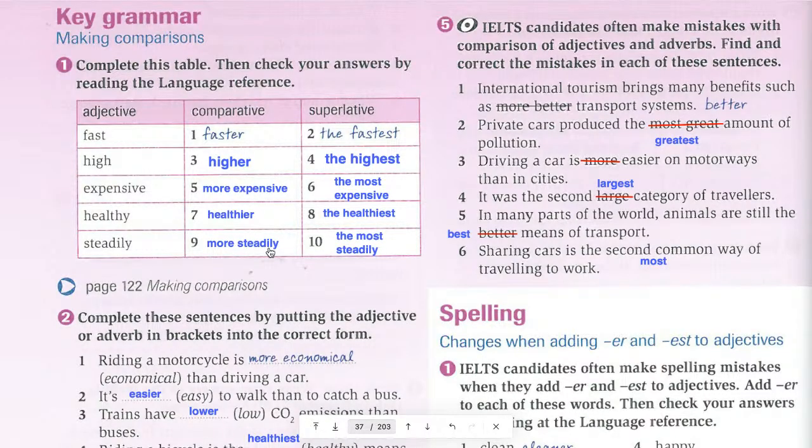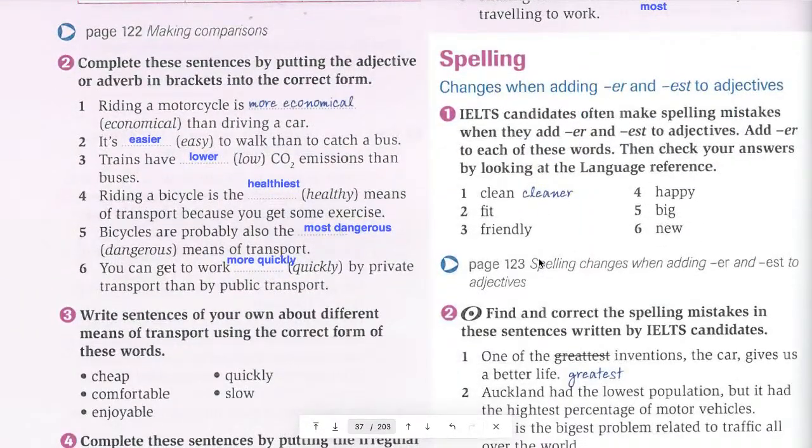Alright guys, let's continue. Now let's move on to spelling, right? We try to finish everything here before doing writing, okay? Spelling changes when adding ER and EST to adjectives. Number 1.